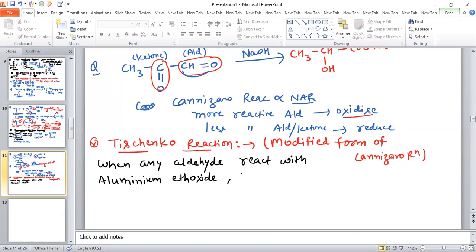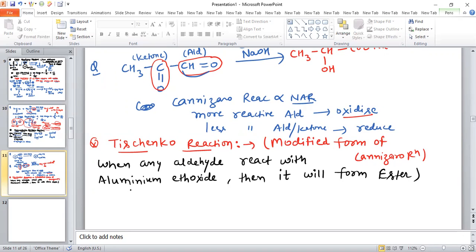Then it will form an ester according to the Tischenko reaction.